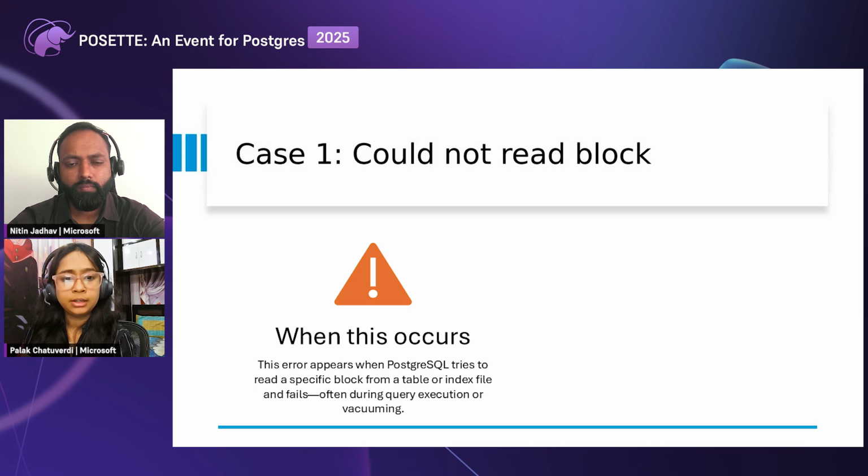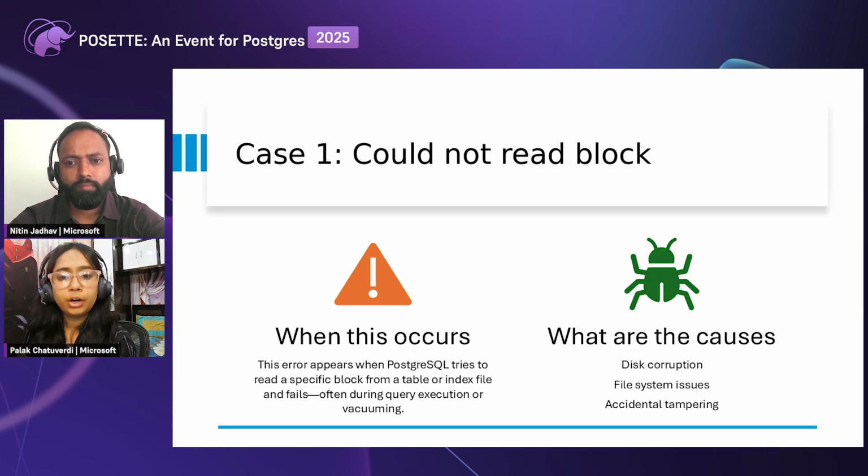Now this occurs when PostgreSQL tries to read a specific block from a table or index file but fails to do it. That can happen during query execution or vacuuming. Like you are running a select statement and you have that corrupted file, then you will see that error. What are the causes?